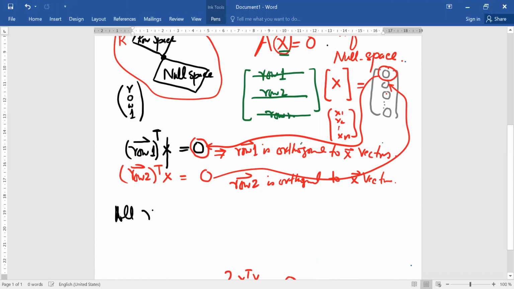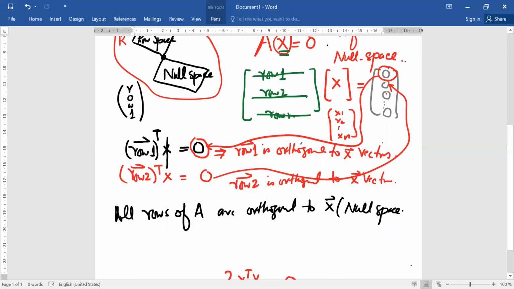All rows of A are orthogonal to X, and X is in the null space.